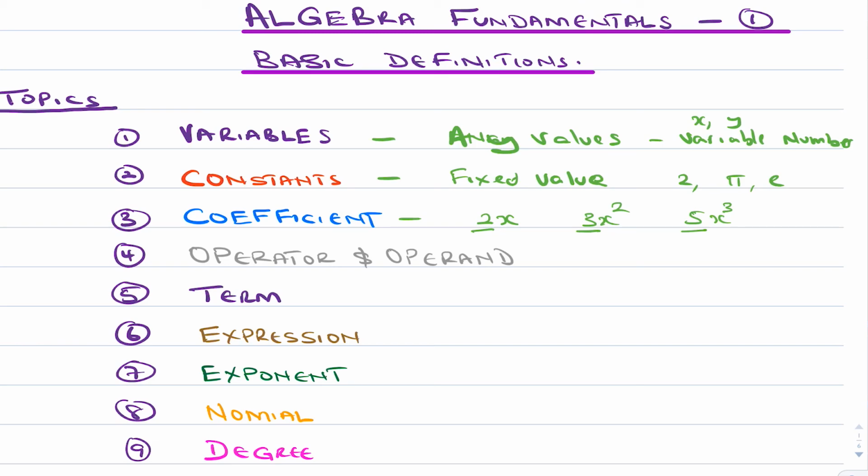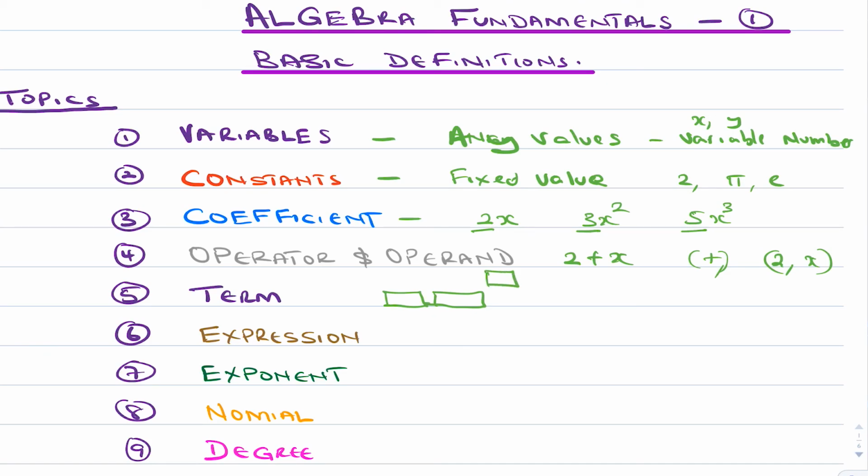Operator. An operator operates on operands. So in 2 plus x, the operator is plus, and the operands are 2 and x. Term. A term usually consists of 3 parts, which are the coefficient, the variable, and the exponent.